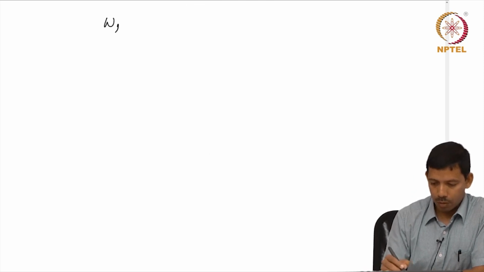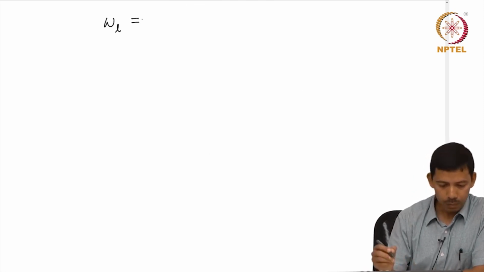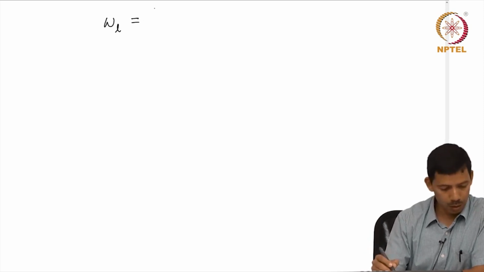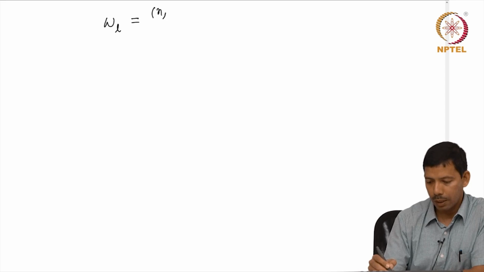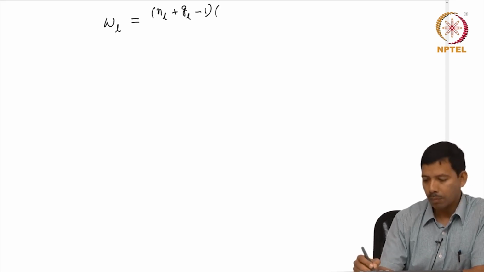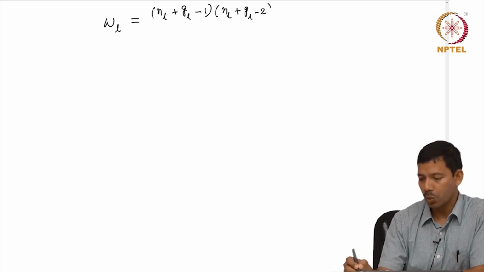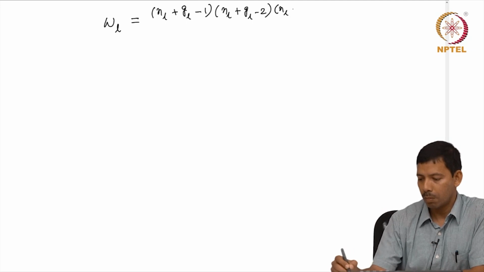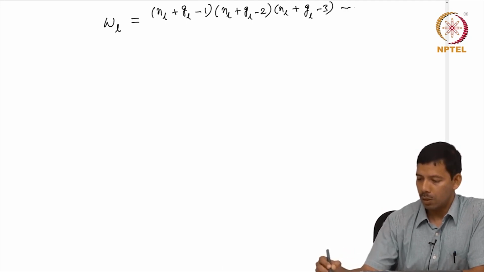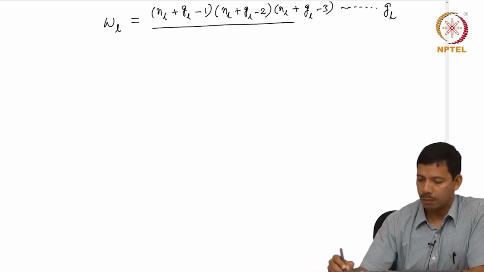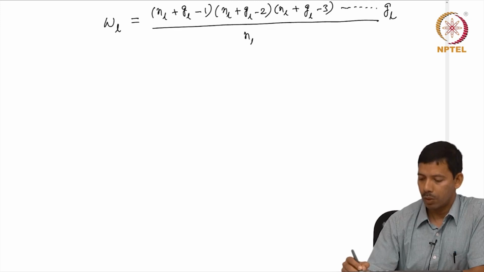So therefore, we are writing, let me write it down simply. So we had NL plus GL minus 1, NL plus GL minus 2, NL plus GL minus 3, up to GL, divided by NL factorial.